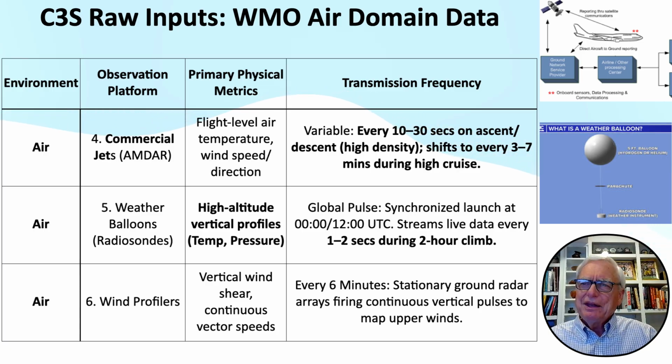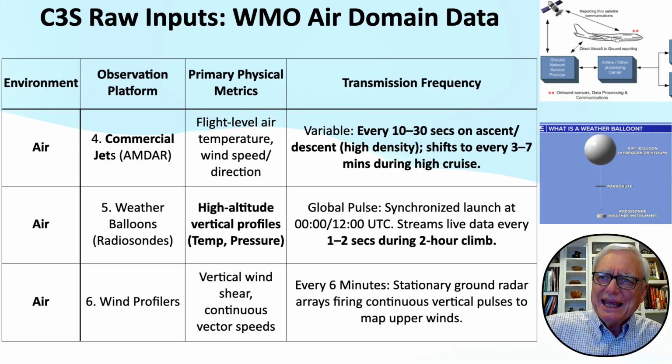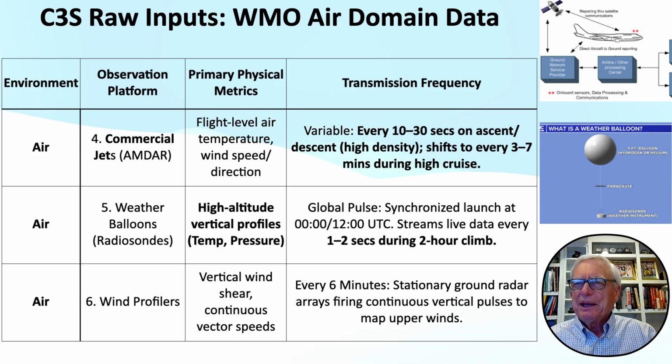And this one has a varying speed, which is kind of interesting. As they're rising and descending, they transmit information every 10 to 30 seconds. And then once they're cruising, they only do it every 3 to 7 minutes. Why? Because there's a lot less going on while they're cruising.